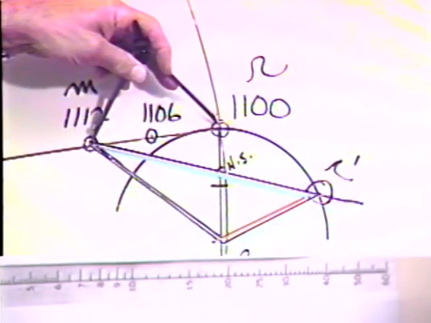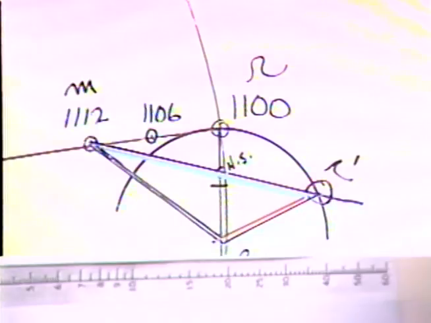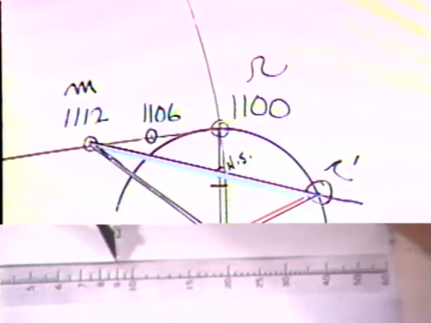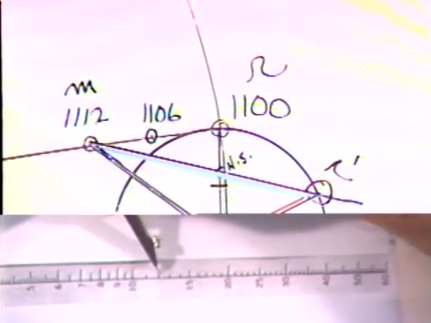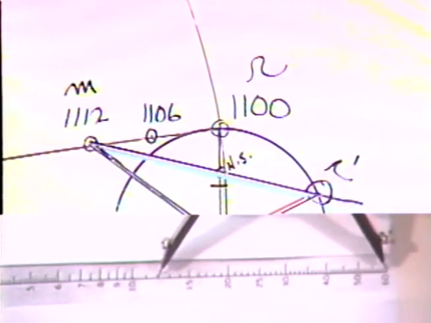So if we measure this distance, go up to our distance scale, our 12-mile scale, and measure that, you will find that it is 2.4 miles. That means 2.4 miles in 12 minutes. I'm going to come over to this scale, 2.4 miles in 12 minutes, and I want to know what the speed is. 12 knots. And you remember that was what the relative speed was in this problem.